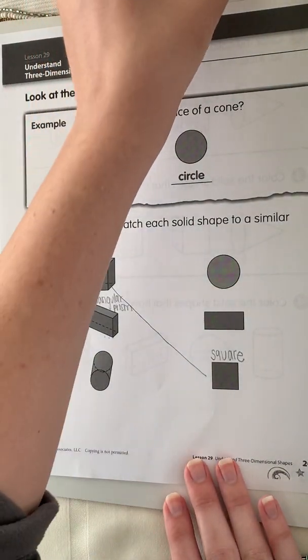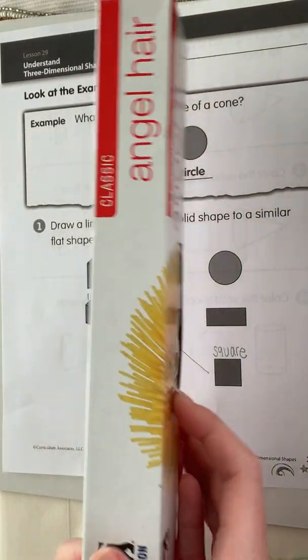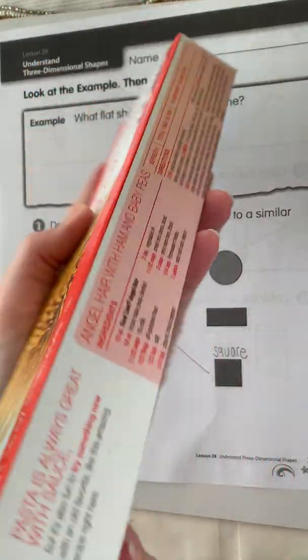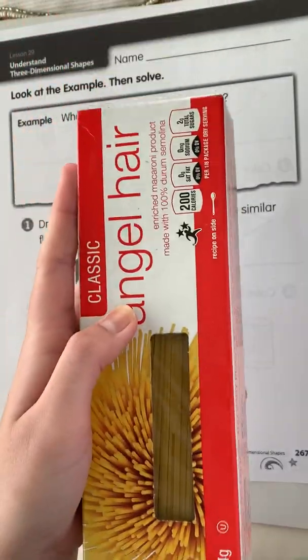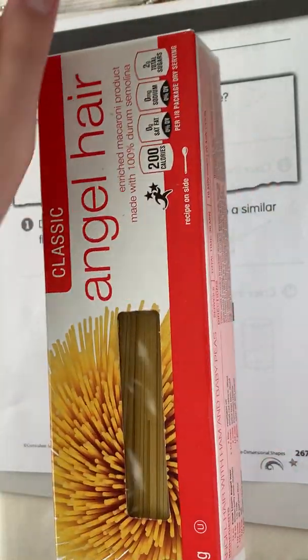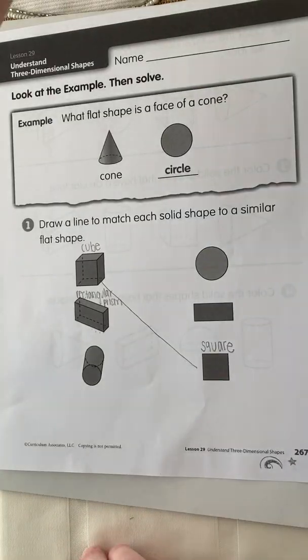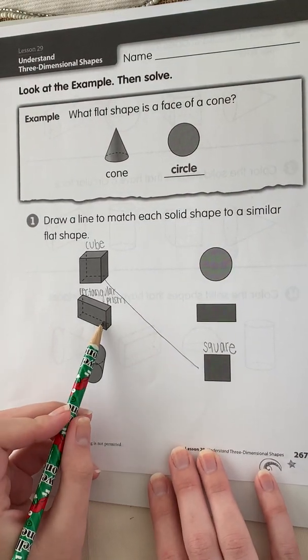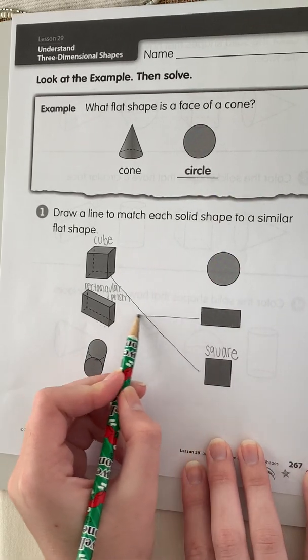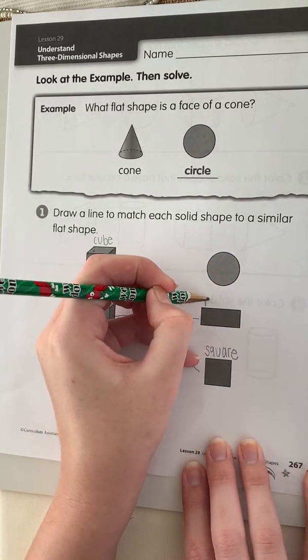An example of a real life object would be a box of pasta. So these are some of the sides of a rectangular prism. The faces would be rectangles. So I am going to draw a line from the rectangular prism to the rectangle here.